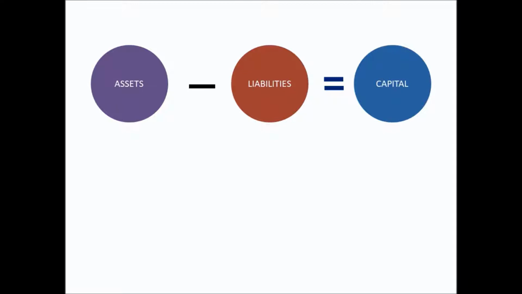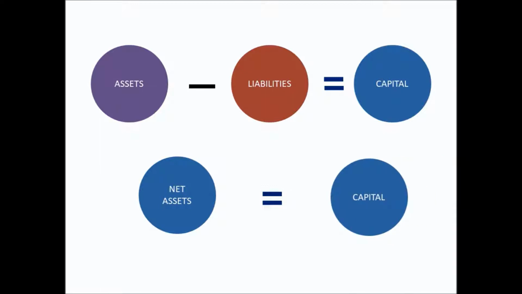So what it means is that if the business decided to pay off all its liabilities, what is left will be the capital or the residual interest of the owners of the business after all the obligations are settled to third parties. We should remember that assets minus liabilities is also equal to net assets. We can therefore say that net assets is equal to capital.